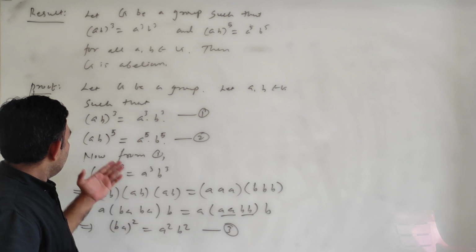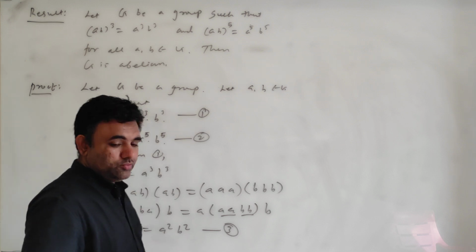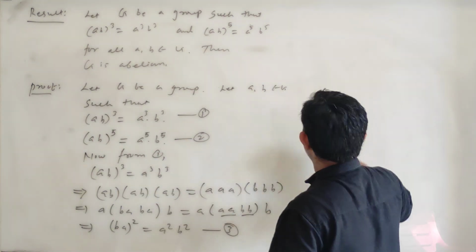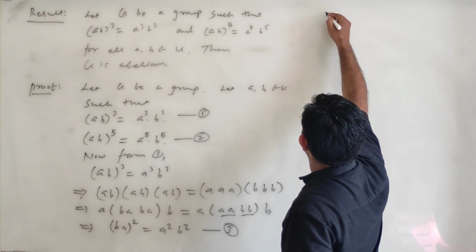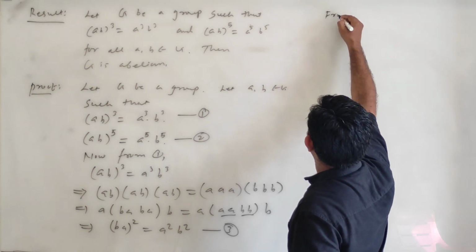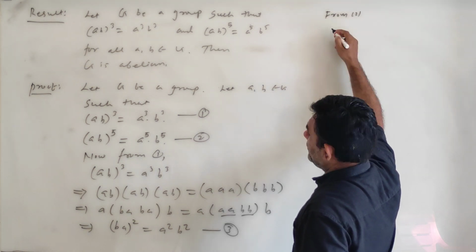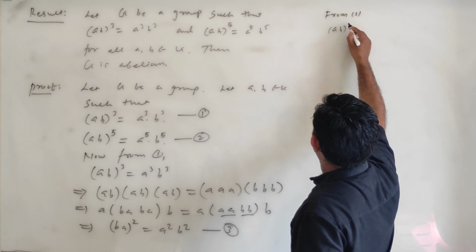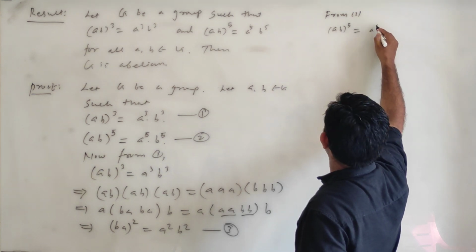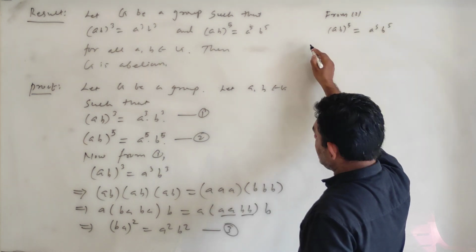Okay, so again by 2, what can I do? From 2, (AB) raised to 5 is A raised to 5, B raised to 5. You give the same argument.